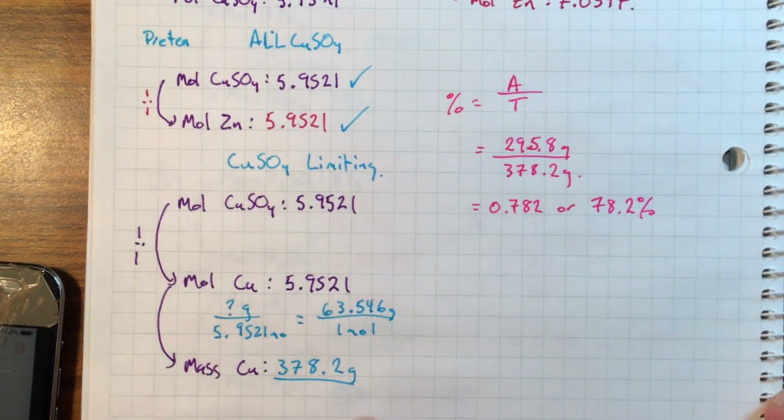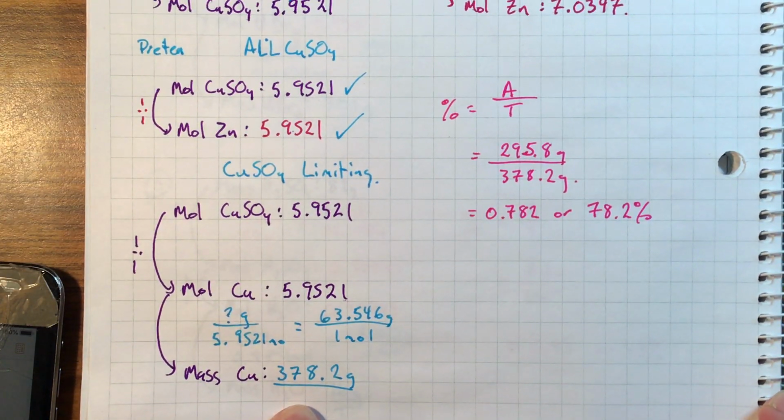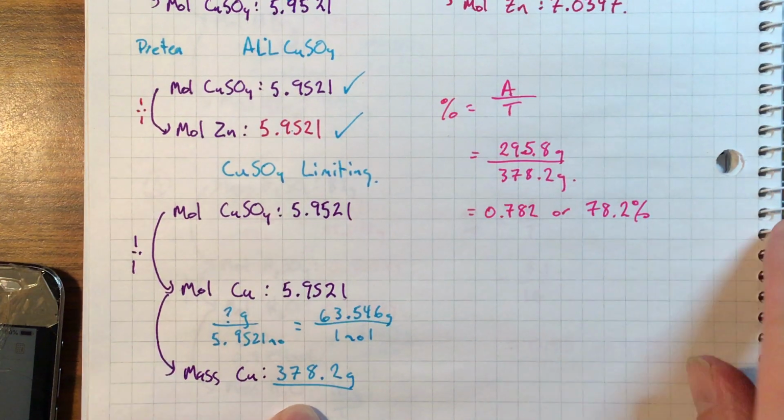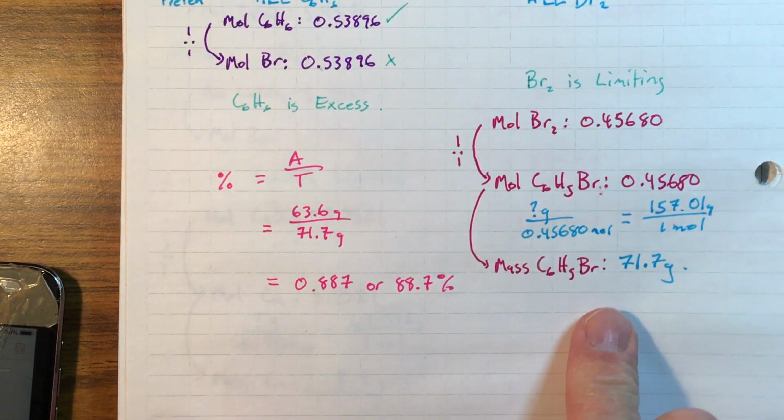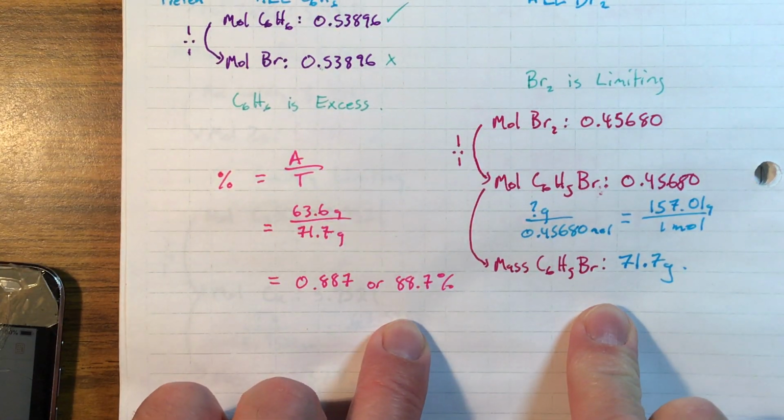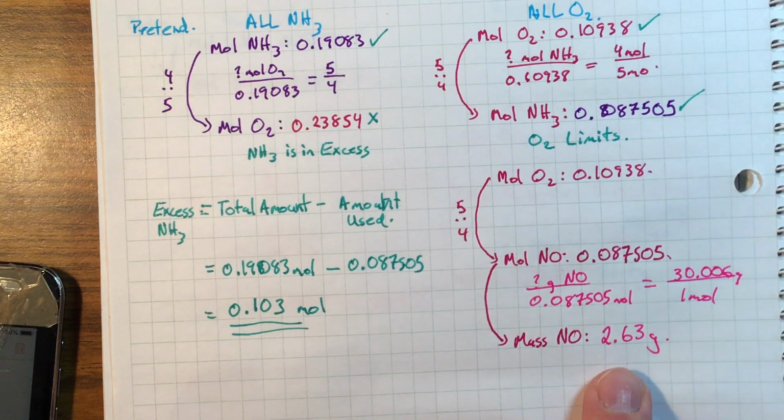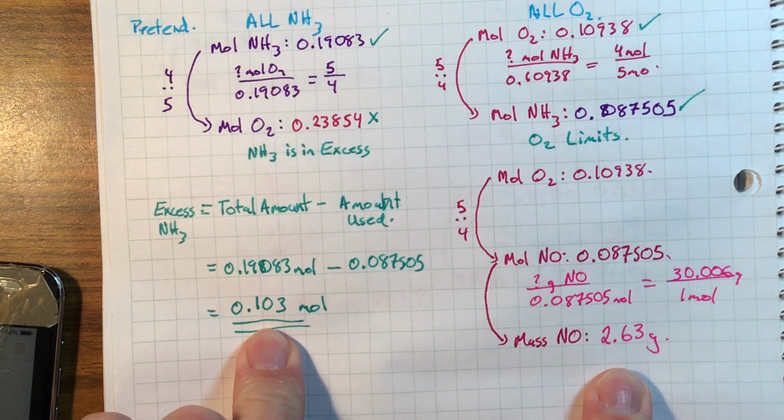There's question number 3, theoretical amount after limiting reagents, percent yield. Question number 2, theoretical amount, percent yield. Question number 1, theoretical amount, excess amount.